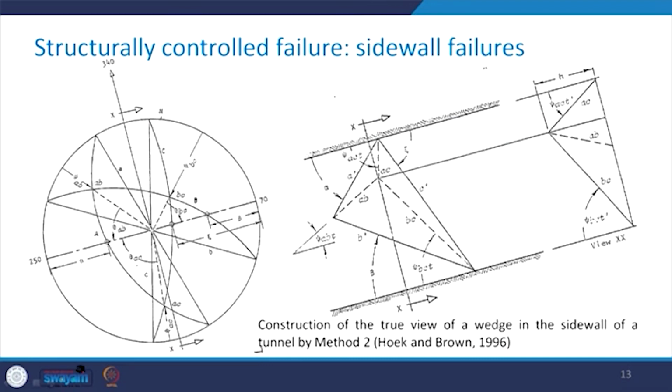So, we have the 3 great circles again which are representing these planes.